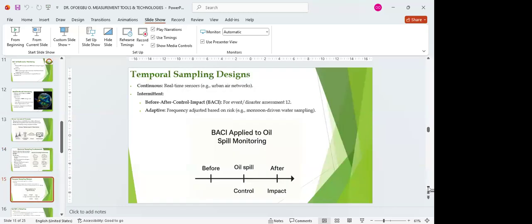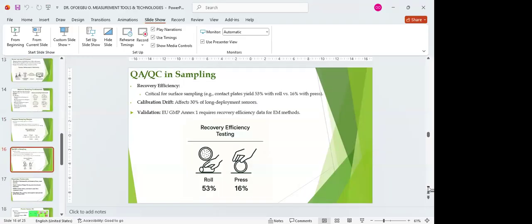We delved a little bit into the sampling designs, where we looked at the temporal sampling designs. And we also considered the quality assurance and quality control that are put in place during sampling.